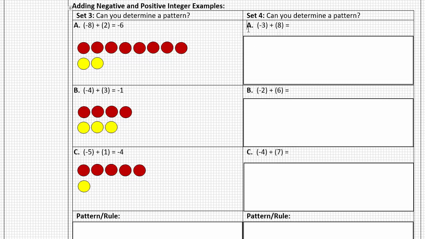Your first problem in set 4 is negative 3 plus 8. Letter B will be -2 plus 6, and letter C will be -4 plus 7. Take a moment pausing the video to draw in your integer chips and find your solution, and then resume the video when you're ready to compare your work with mine.